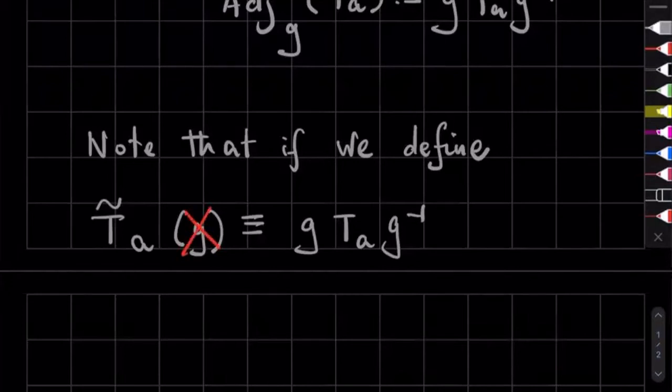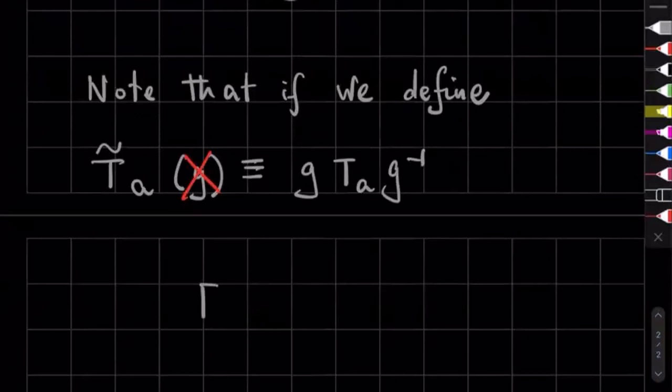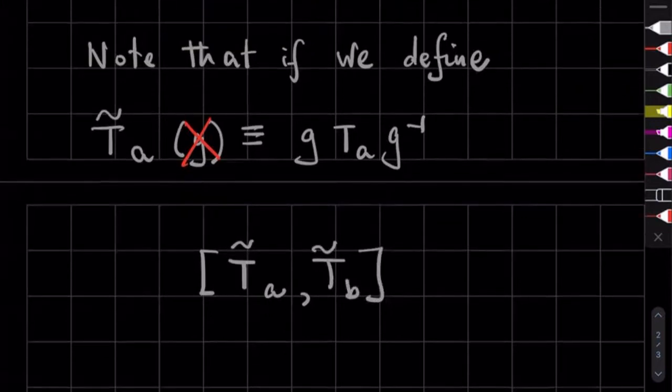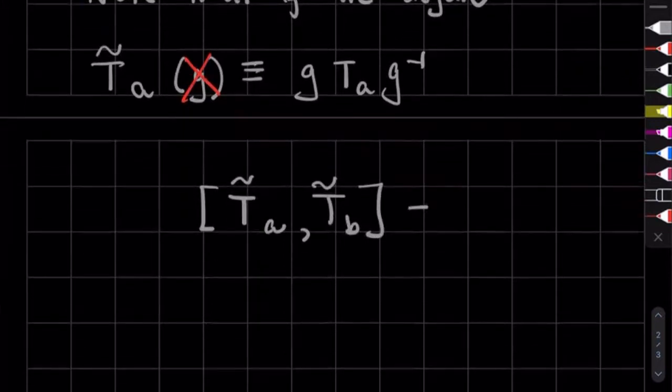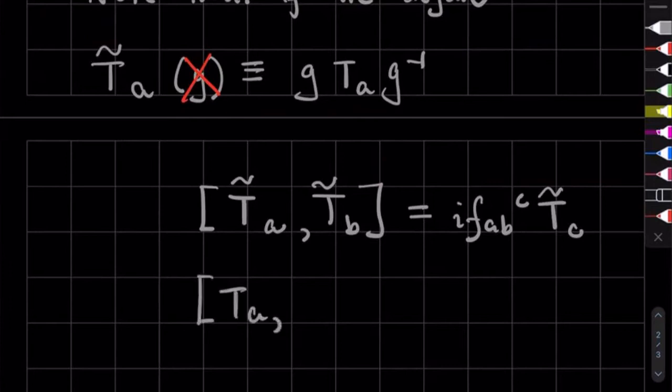Okay. So if you define this, then if I now compute the commutation relationship, say the tilde commutator, it's just one line of algebra to show that we get the same Lie algebra as the generators T. So T tilde and the T's generate the same Lie algebra.